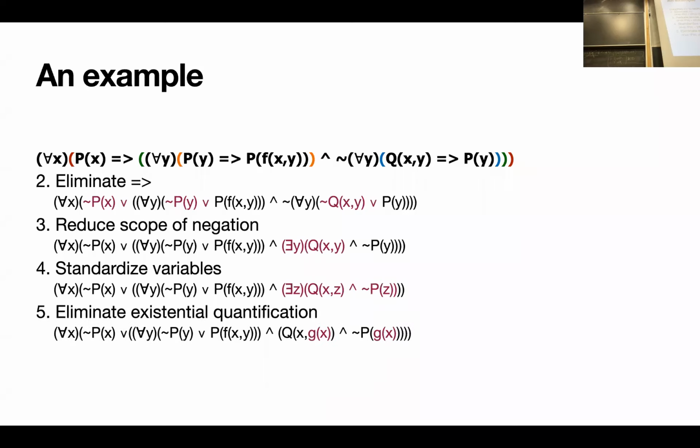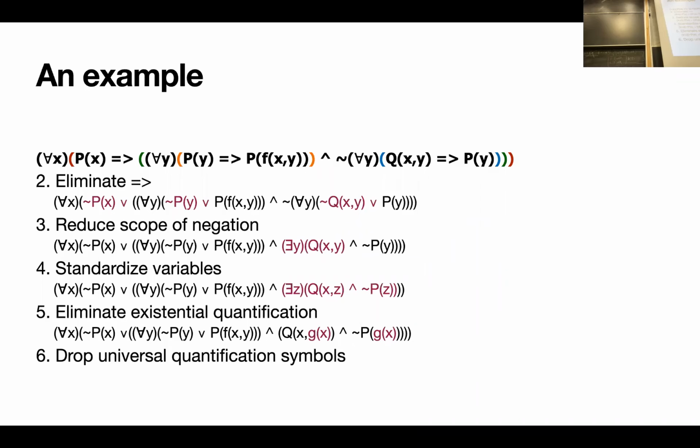Then we can eliminate the existential quantification altogether. We simply put what we call a function here. So instead of d, we put g of x. What happens here is that we have to drop the existential quantifier exists z Q of x z, but because x was bound by a for all x with another universal quantifier, we have to make it a function of x, some kind of function g of x.